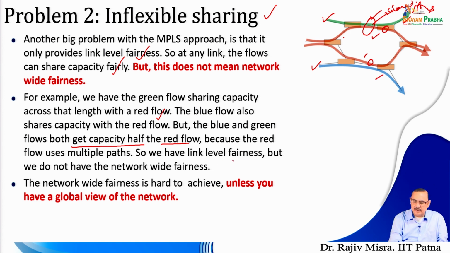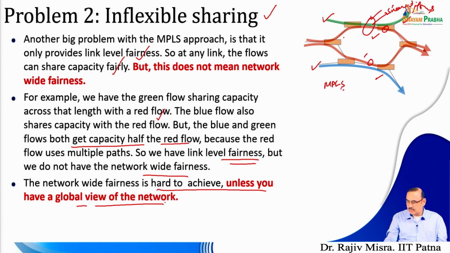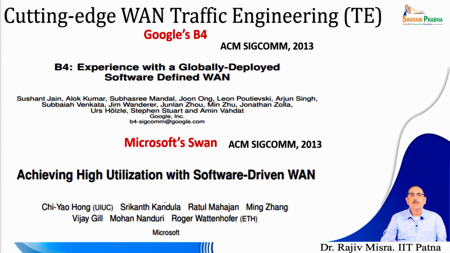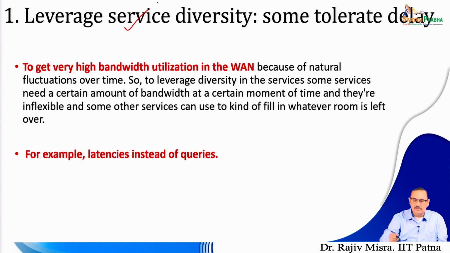So, we have link level fairness, but we do not have network wide fairness in MPLS. Network wide fairness is hard to achieve unless you have a global view of the network. Therefore, let us see what methods were adopted here for wide area network traffic engineering.